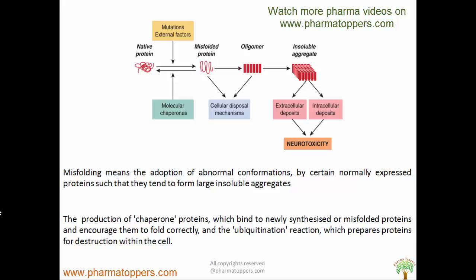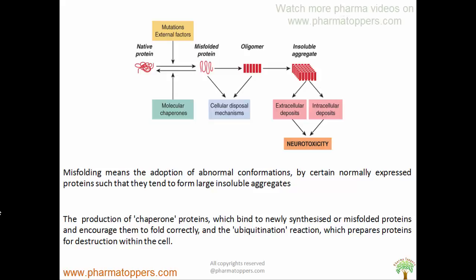They also tend to stick to the cell membranes. So the tendency to adopt such conformations may be favored by specific mutations of the protein or by infections with prions, which are also proteins.